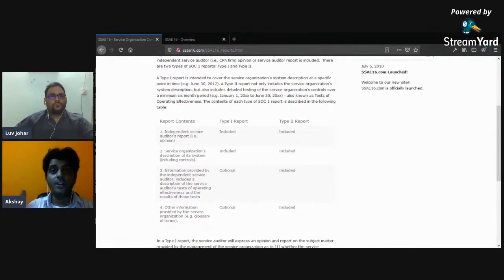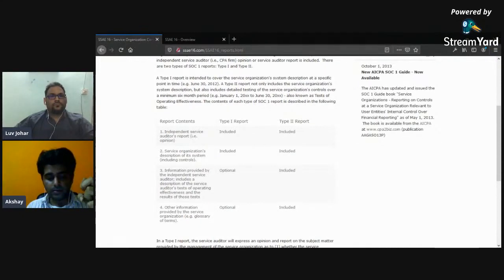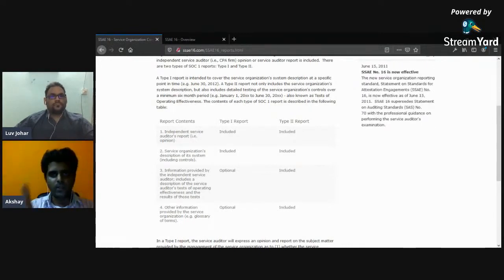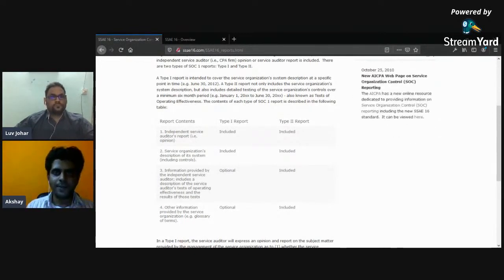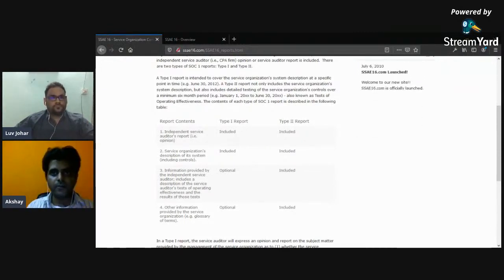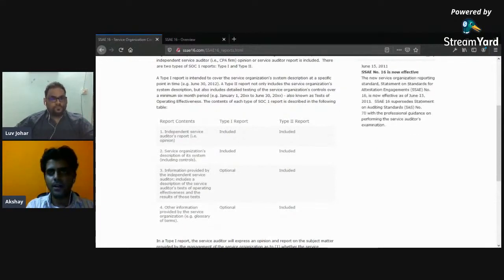Then there was a spot check, an actual physical audit, where you are sitting and observing the systems that are in place. Then observing over a period of time for SOC 2 Type 2, and at a point in time for Type 1.